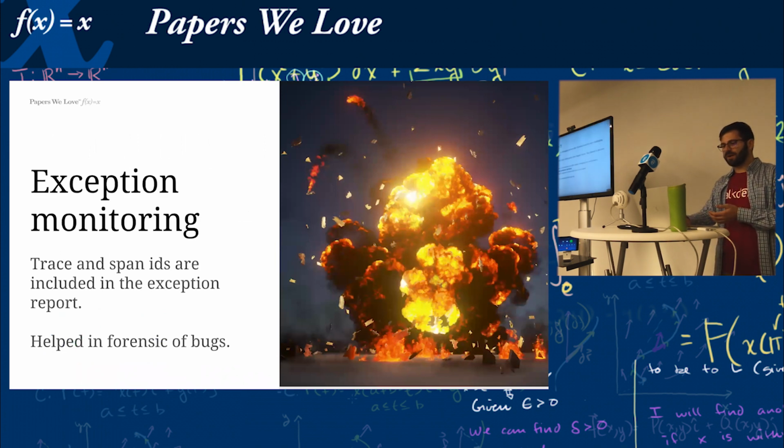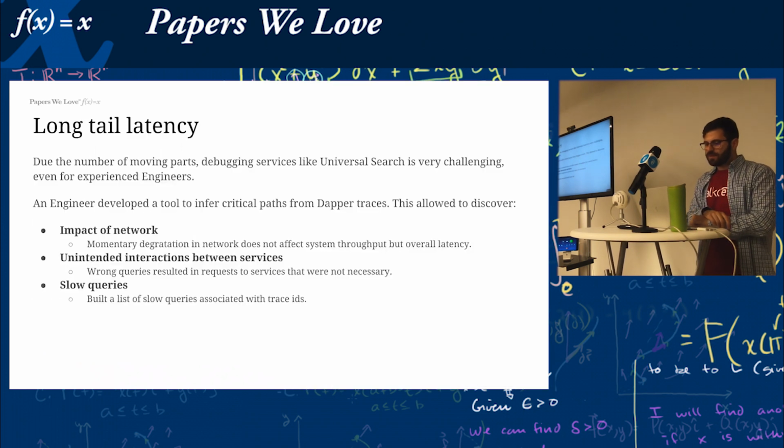More stuff. Okay, so long tail latency. There was an engineer that developed a tool that, from a given set of traces, inferred the critical path. And they also found three things. The first was the impact of network.